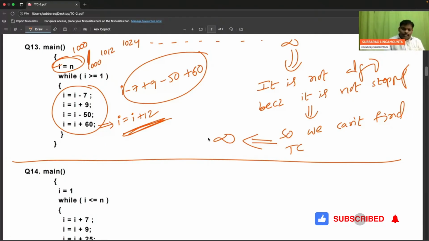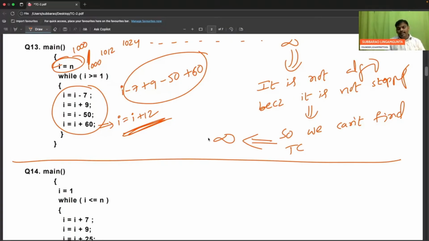Why is it not an algorithm? Because it is not stopping. It is a very good question. Question number 13 is very important. Somewhere you may ask, sir, why is it infinite? Already you started with a big number and keep on incrementing. Assume n is 1000. 1000 greater than or equal to 1? Yes. Next round, 1012?